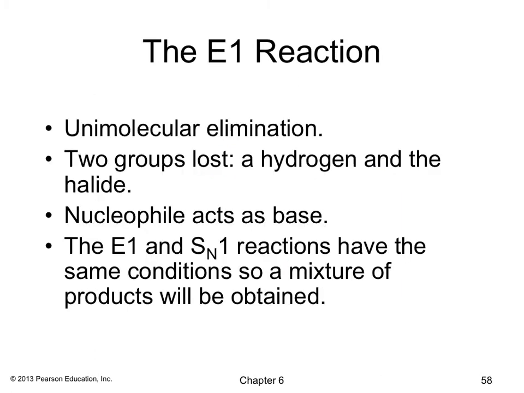The E1 reaction is unimolecular, that's why it's E1. Two groups are lost, a hydrogen and a halide. The nucleophile acts as a base, so anytime you have elimination, you're going to have basic conditions.